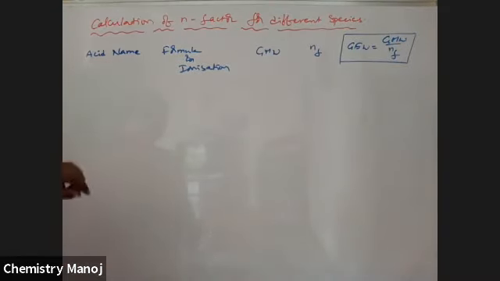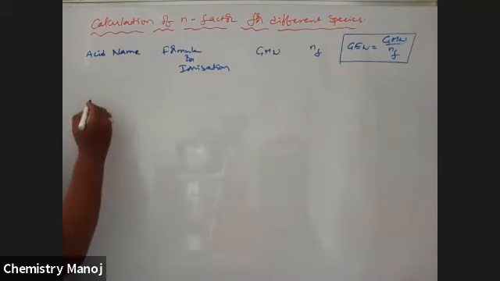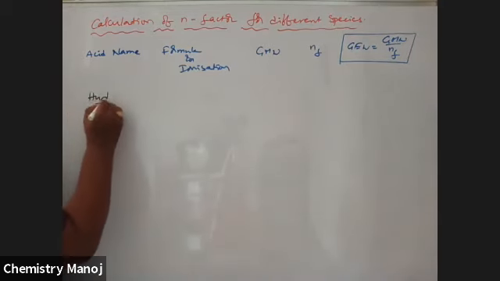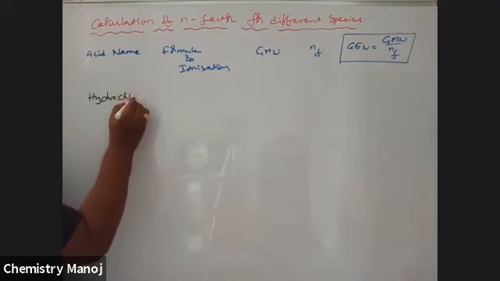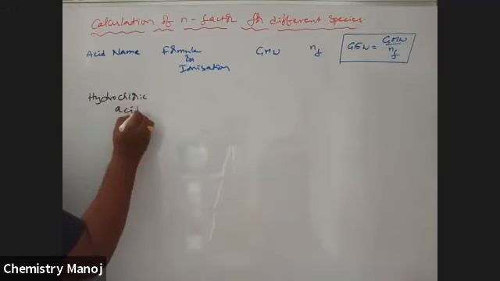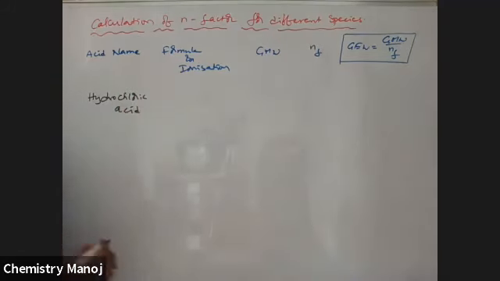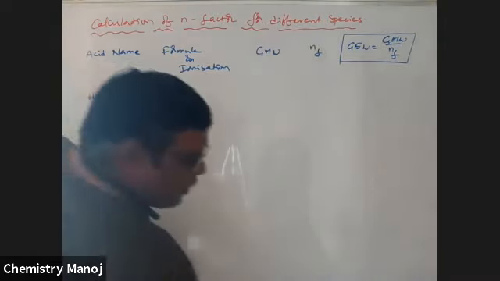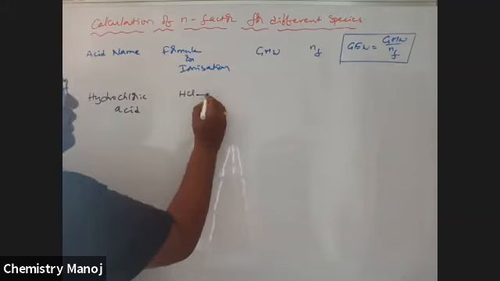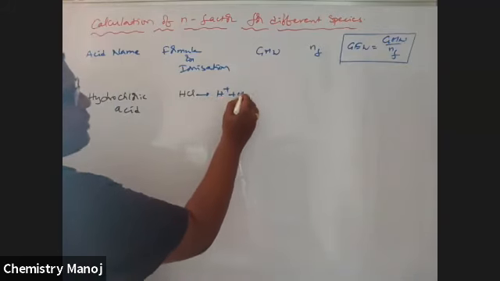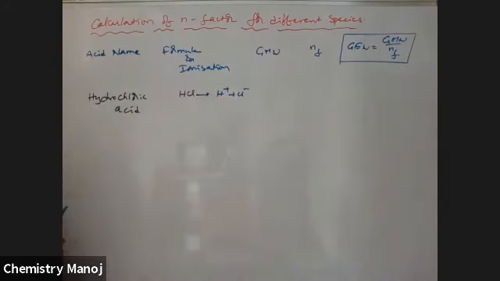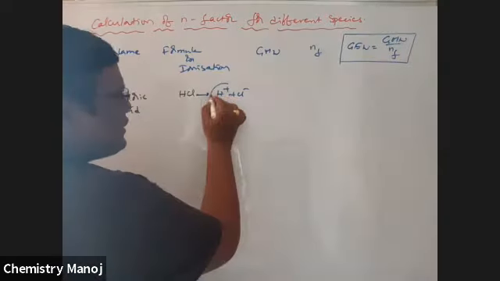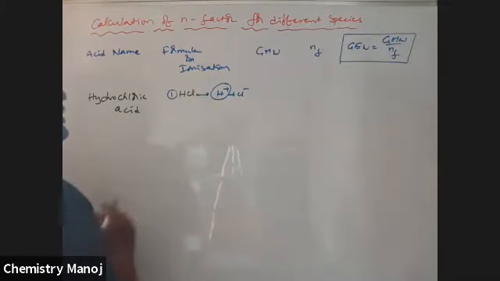Acid name. First, what is that acid? Hydrochloric acid. Its formula is HCl. How does it dissociate? It dissociates as H+ and Cl-. How many H+ ions are released from one molecule of HCl?